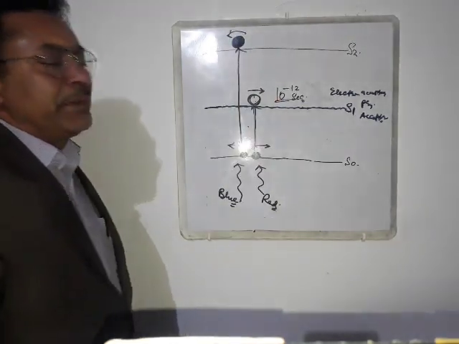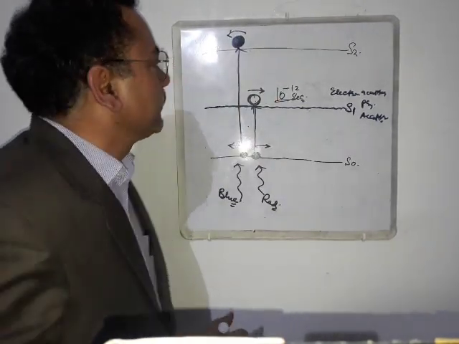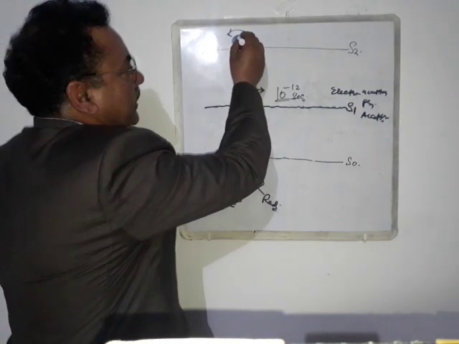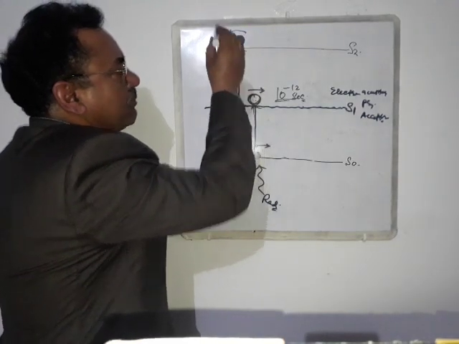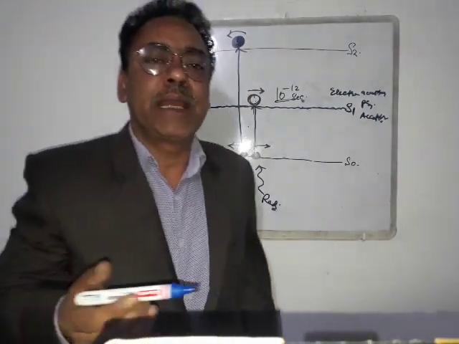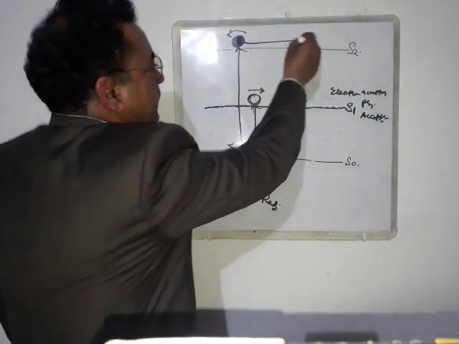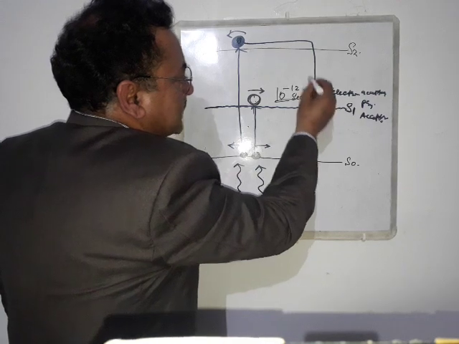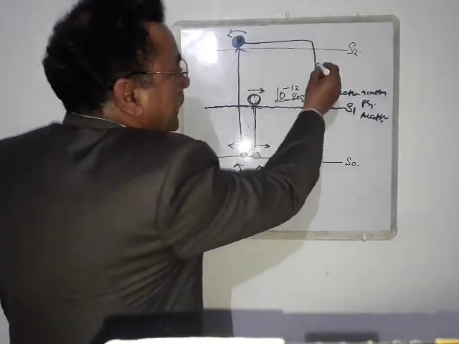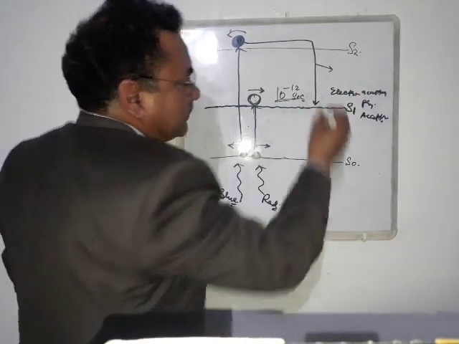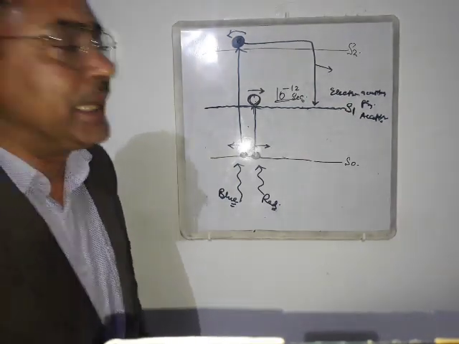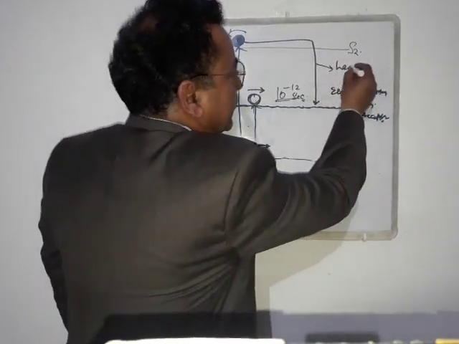The spin will remain same, no change in the spin. But here this electron won't be accepted by means of any primary acceptor. So this electron has to first create the S1. How it can create S1? It can create S1 energy level by heat loss.